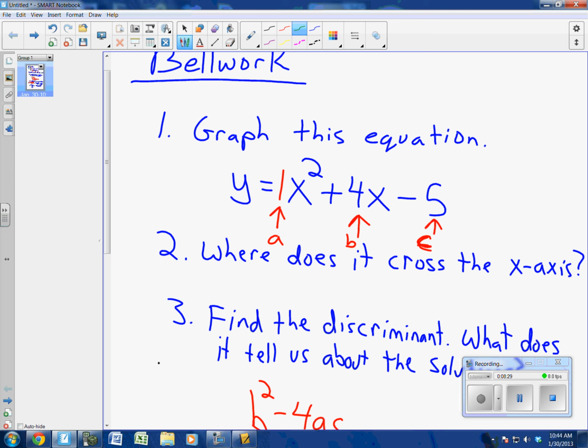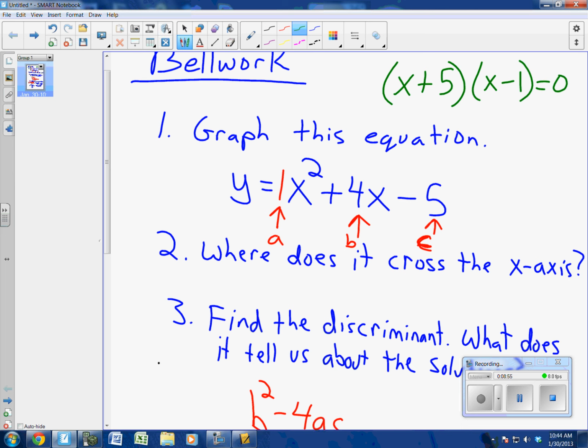Are there 2 numbers you can multiply together and get negative 5 and add together and get 4? Positive 5 and negative 1, right? Because this is going to factor into positive 5 and negative 1. If you go 5 times negative 1, you get negative 5.